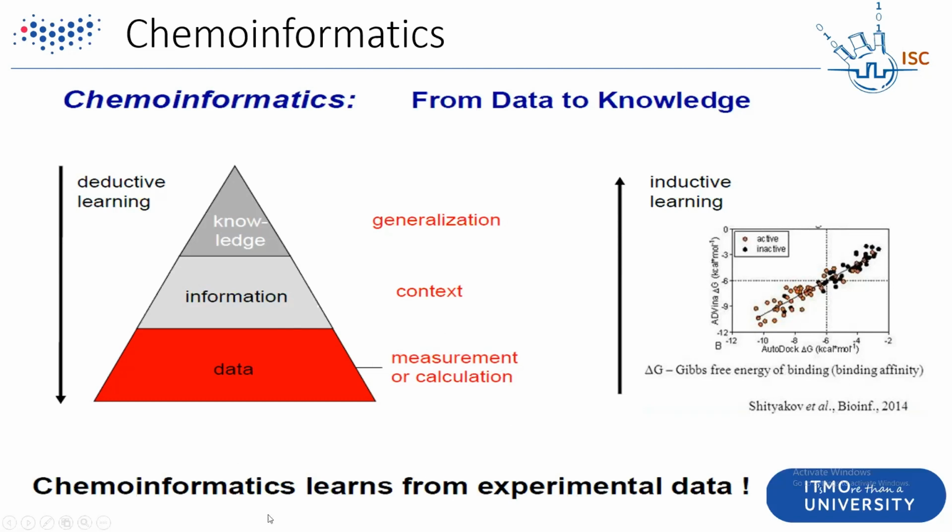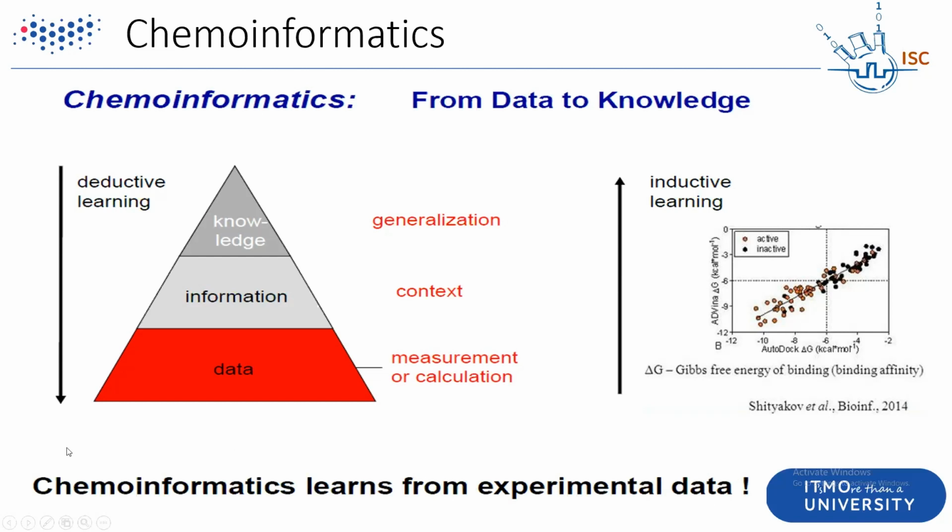And when we get these new tools, we can generate the experimental data. So on one hand, the experimental data is something that chemoinformatics is trying to harvest, like the reference.